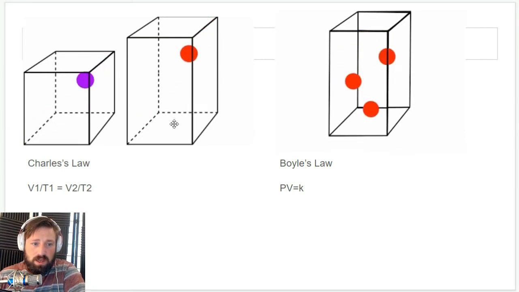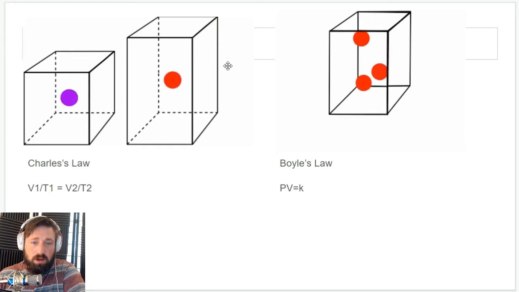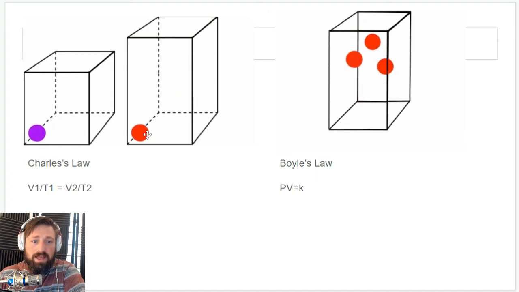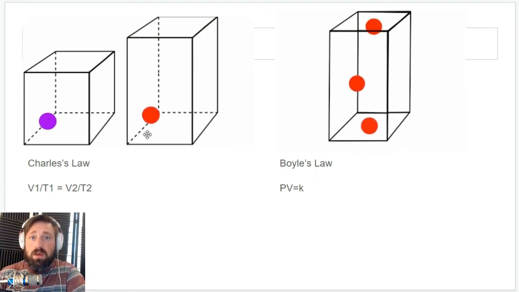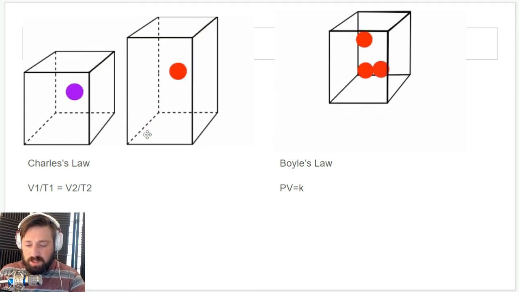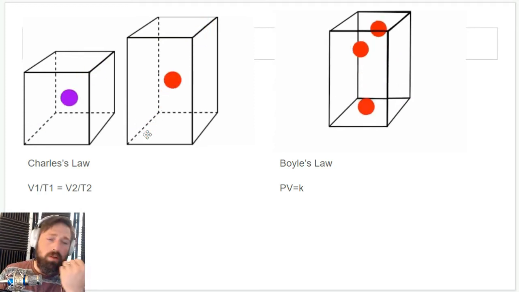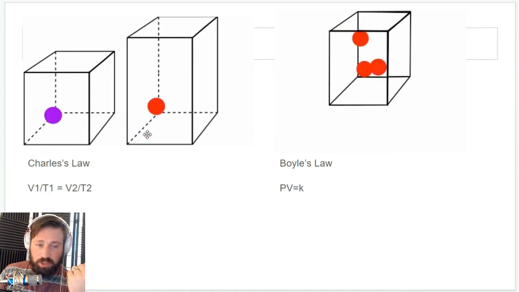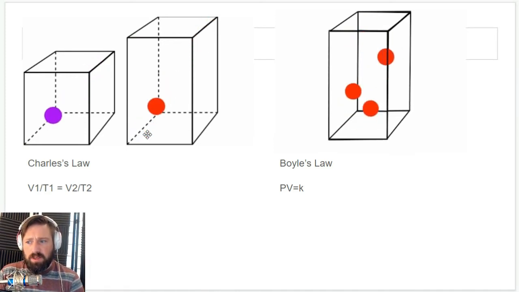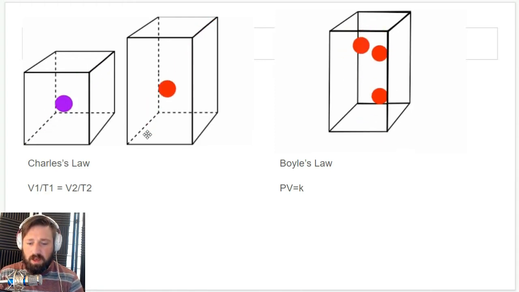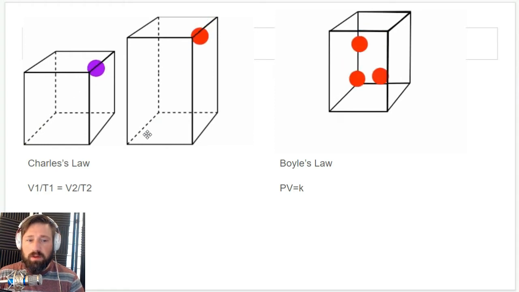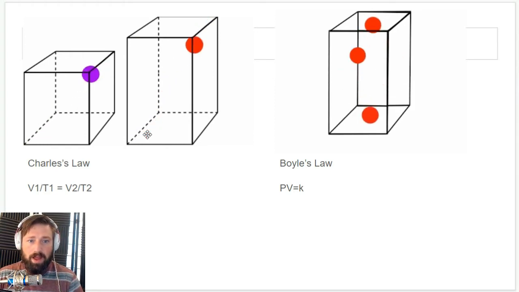This right side is a larger volume. That would mean that this particle has to be moving faster. It has more kinetic energy. And if it has more kinetic energy, that means the temperature is going up. That's one relationship we see. And that's true. If we increase the temperature, the volume is going to get bigger. If I increase the volume, the temperature is going to go up as well.